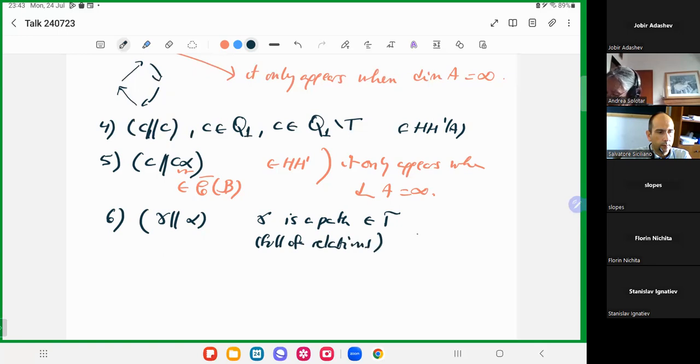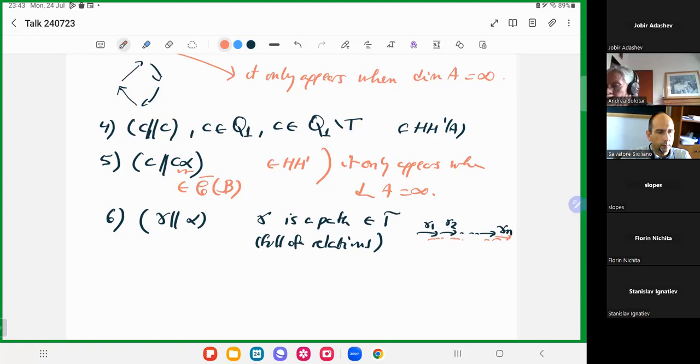So gamma is a path like this, gamma 1, gamma 2, up to gamma n, and there are relations in each composition, okay?